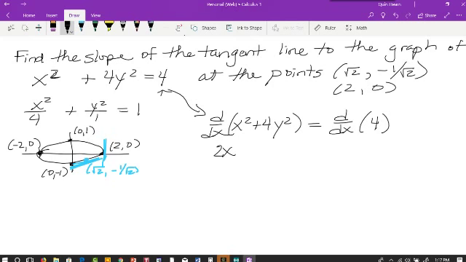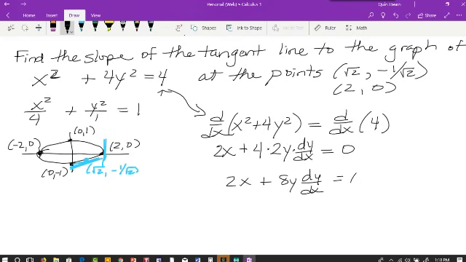Now the derivative with respect to x of 4y squared, the variables don't match up, so we're going to have 4 times the derivative of y squared, which is 2y to the first, or just 2y, times dy/dx, the derivative of y with respect to x. And then on the right we have 0. So we have 2x plus 8y dy/dx equals 0.